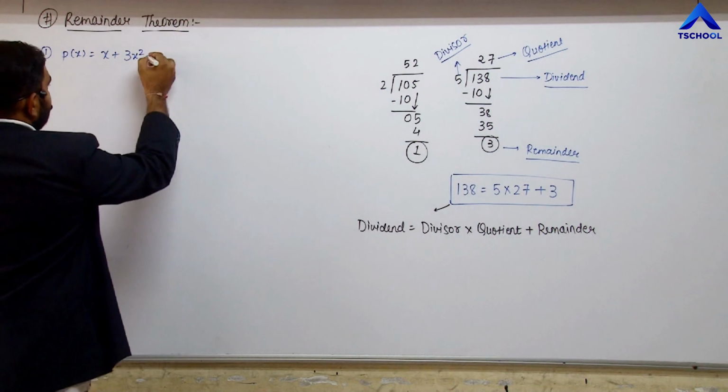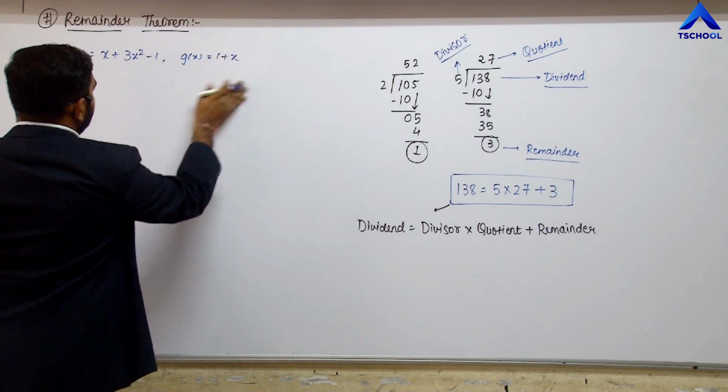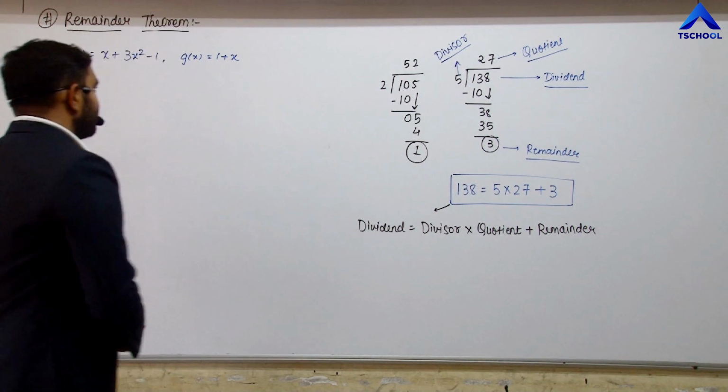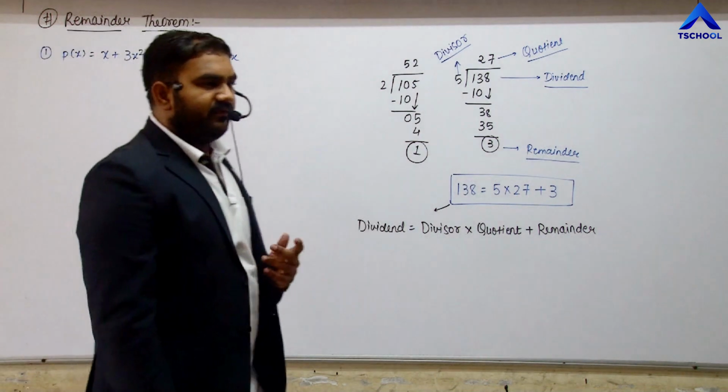My mistake, it is minus 1, to be divided by g of x is equal to 1 plus x. So this is the example that I am having, that is, divide p of x by g of x. That means divide the first polynomial by the second polynomial. How to perform this division?